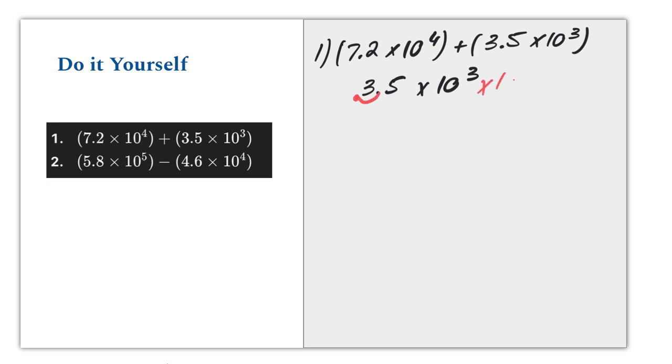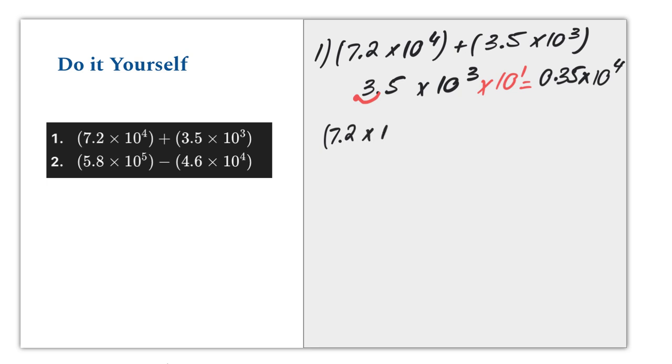And we're going to multiply by 10 because we moved the decimal towards the left. All that's left is rewriting the number and adding the exponent. 0.35 times 10 to the 4th power. So the exponents are the same and we can rewrite our equation.